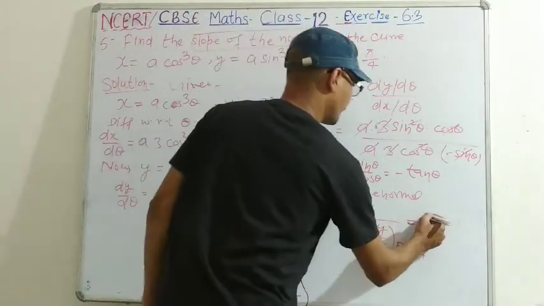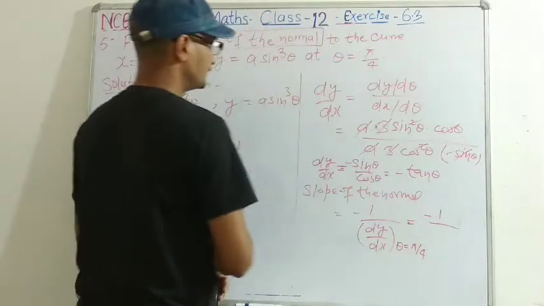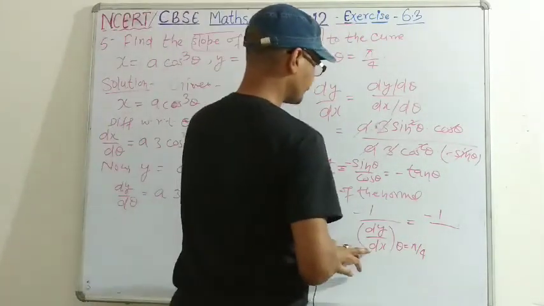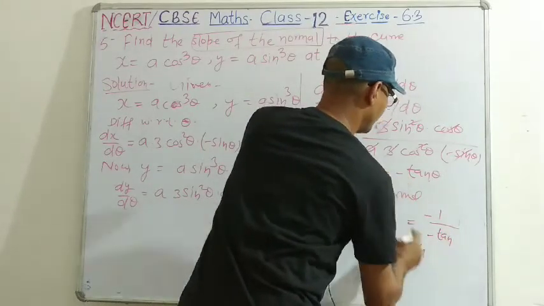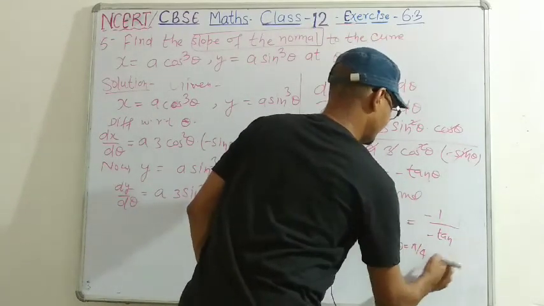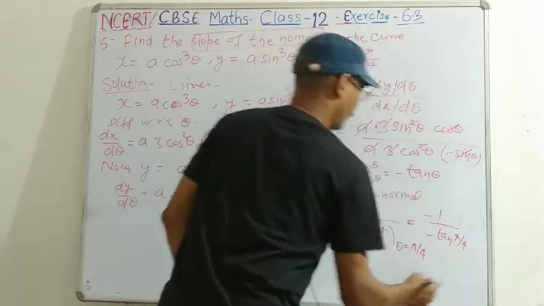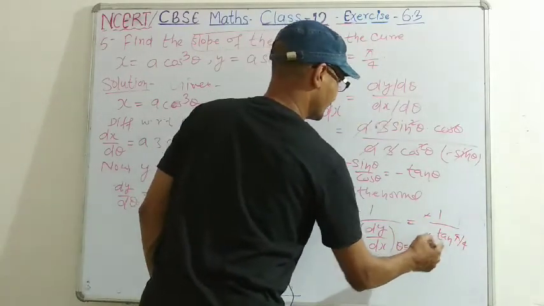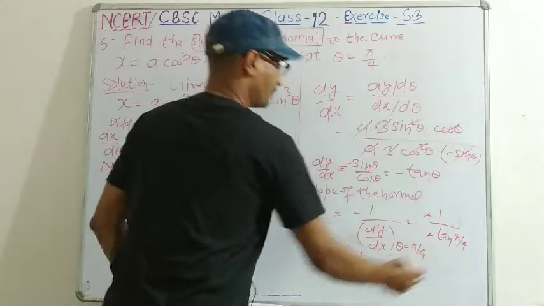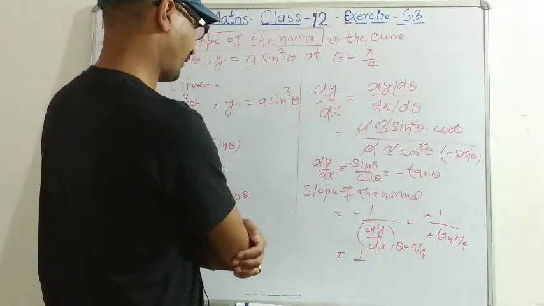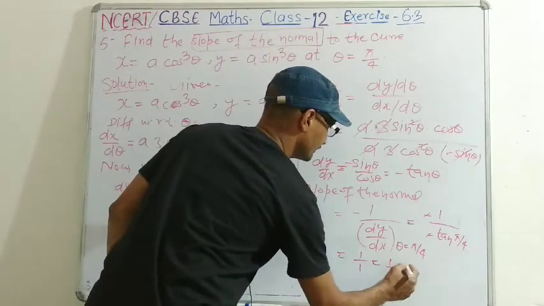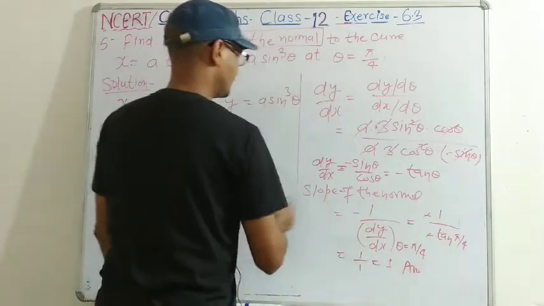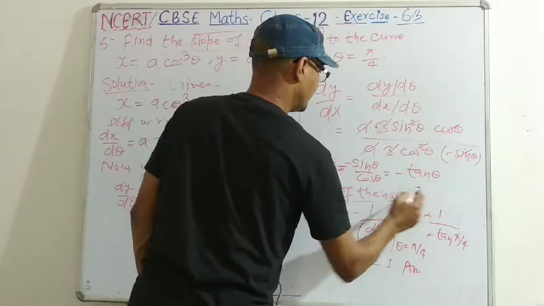So minus 1 by dy by dx is minus 1 by minus tan theta, and theta is pi by 4. So minus minus cancel, and 1 by tan pi by 4, that means tan 45 degree. tan 45 degree क्या होता है 1. So 1 by 1 is equal to 1. It is the answer. So it was the slope of the normal.